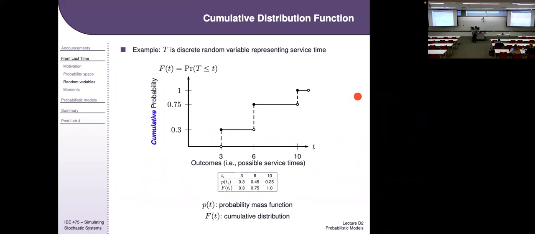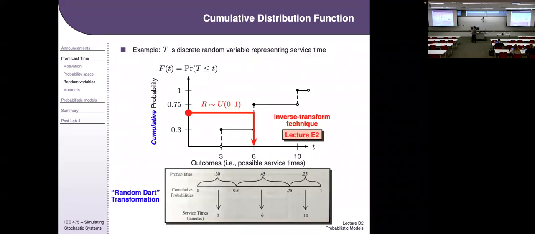Well, this CDF here, if I were to draw a uniformly distributed random number between 0 and 1 and put it on the y-axis, and then see how the CDF maps it to the x-axis, this process allows me to draw from those three outcomes according to the probability mass function probabilities.